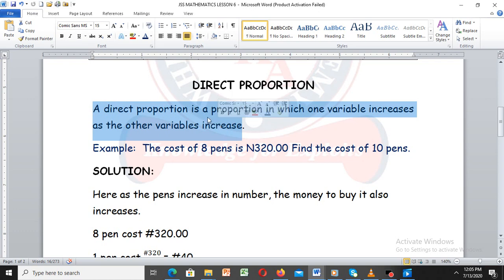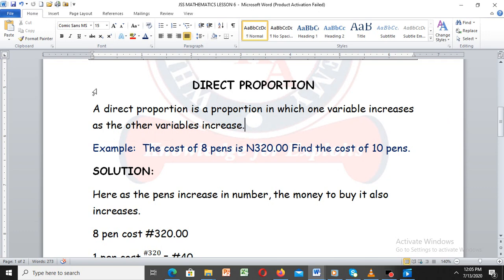A direct proportion is a proportion in which one variable increases as the other variable increases.